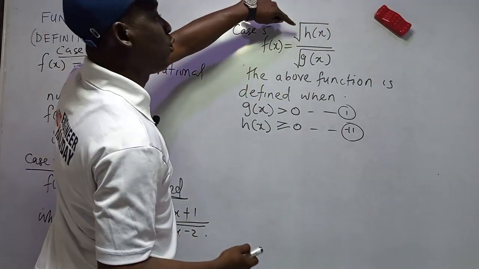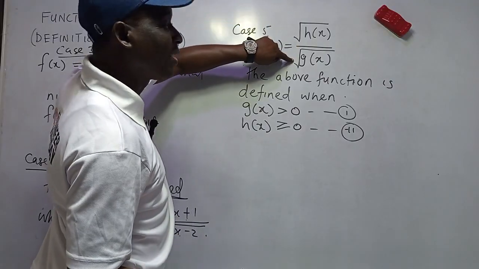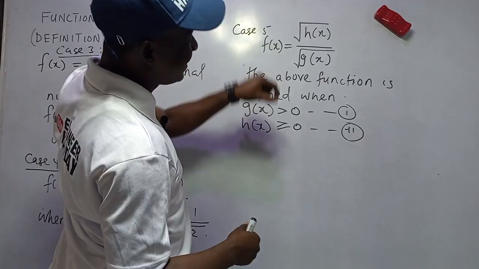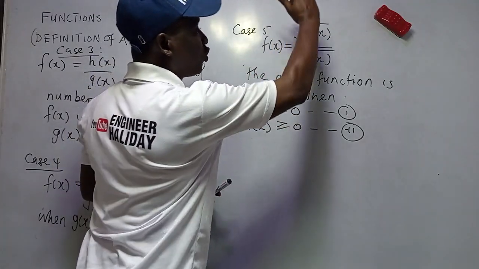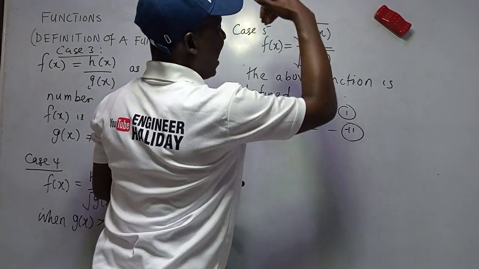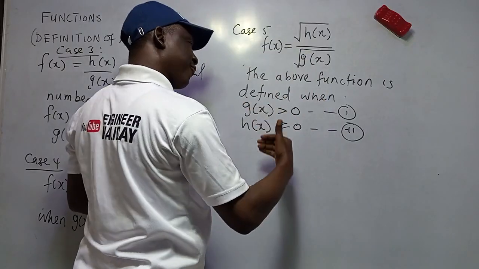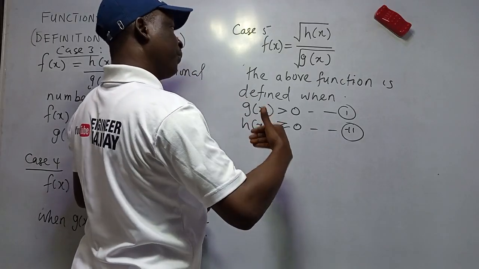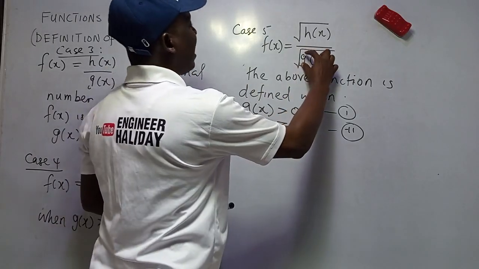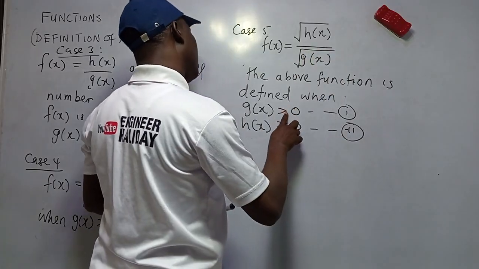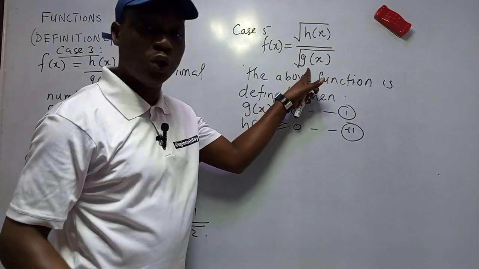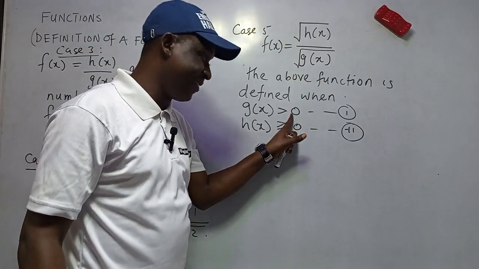Now in this case we have a square root in the numerator and a square root in the denominator. So for this function to be defined, we have to consider both the numerator and the denominator. You must avoid 0 at the denominator, and the only way to do that is to make your g of x greater than 0.